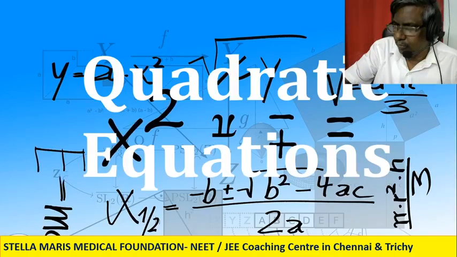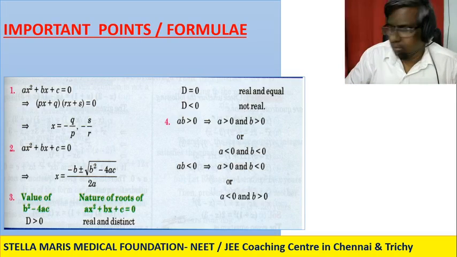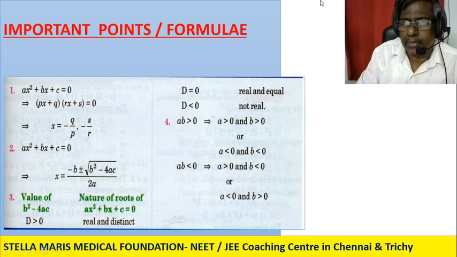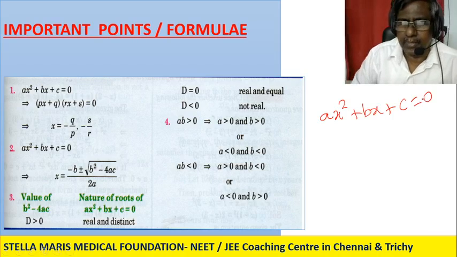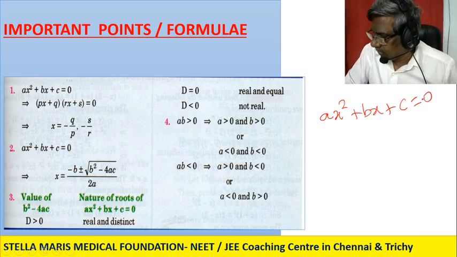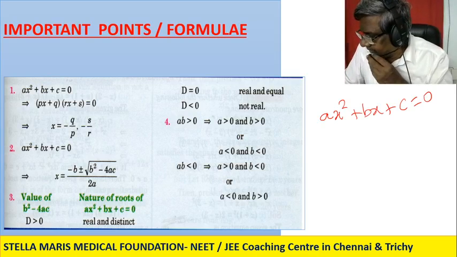We'll see the quadratic equation. Simple. ax square plus bx plus c is equal to 0. We call it a quadratic equation.